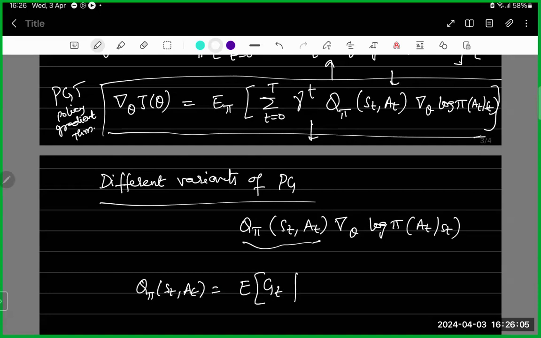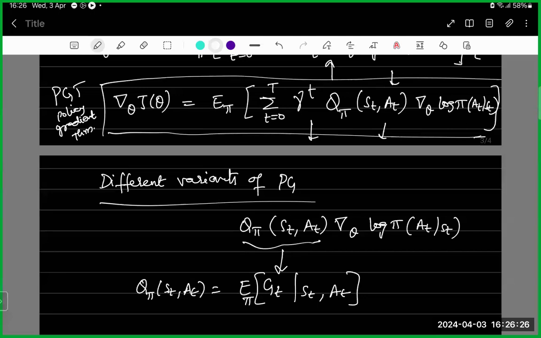Expected value of G_t for being in state s_t and taking action a_t, for following policy pi. So you can think of this as an estimate of Q pi of s_t, a_t. If you take this as the starting point, it's very easy to see why you can use G_t instead of Q pi of s_t, a_t.